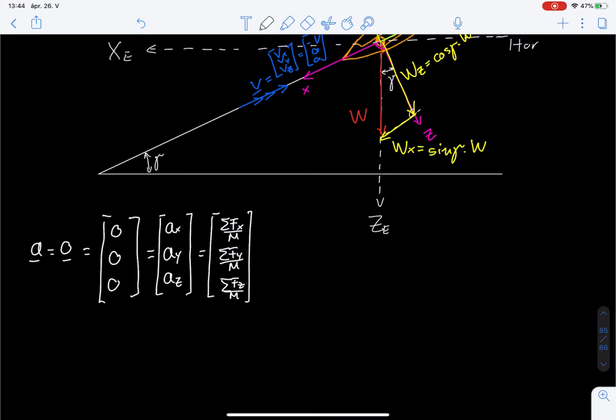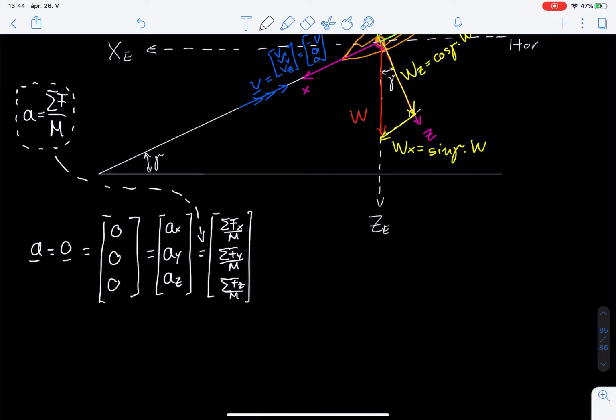And we know the basic formula, right? That the acceleration is going to be the sum of the forces over the mass. So we can basically substitute this formula for every single component, and this is how we get here, basically. Right, this is how we get here.